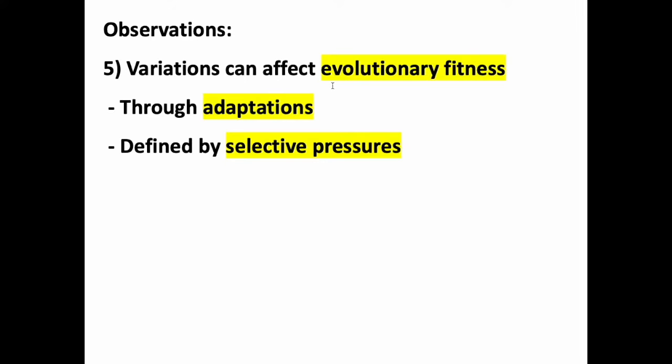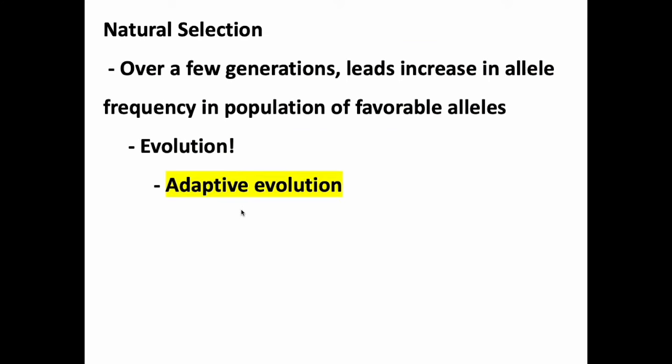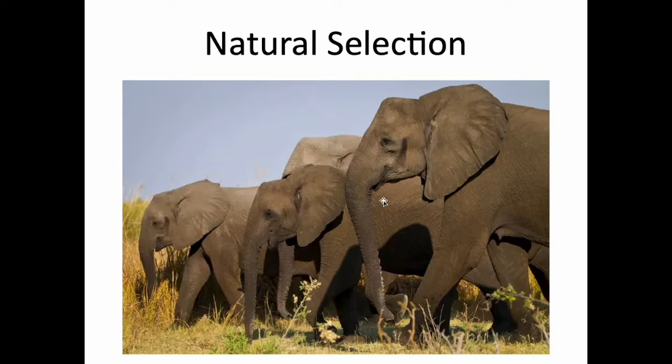It is selected for, it helps with their evolutionary fitness, and what we're seeing is adaptive evolution. Over generations, the tusklessness allele is becoming more common in the population because it's a favorable allele under these selective pressures. We're seeing adaptive evolution in this population of elephants.